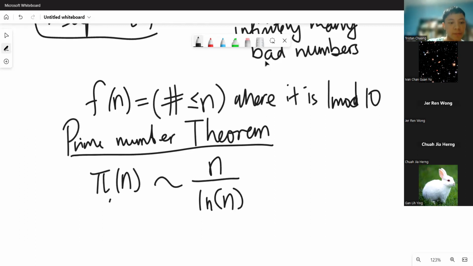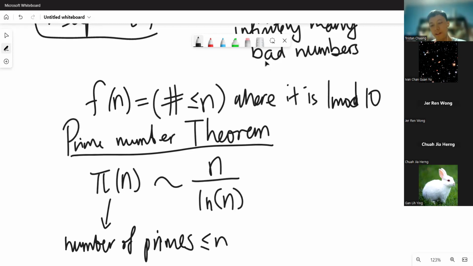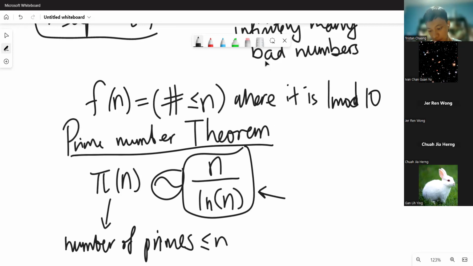So it's like our function just now, except the property we're talking about is prime. The prime number theorem says that pi n grows approximately like this function. That means there are two constants where you can bound pi n by n over ln n.